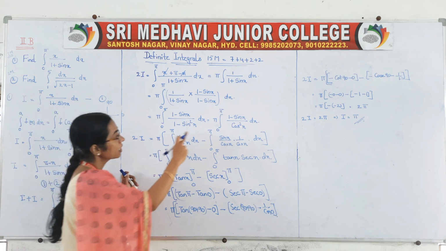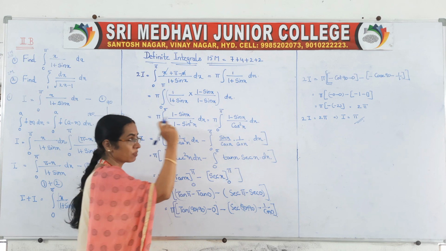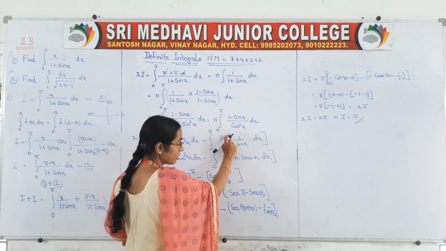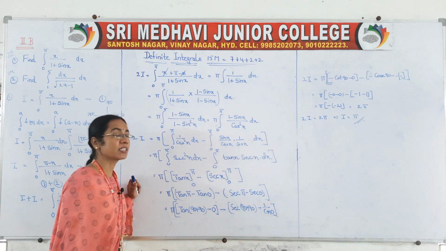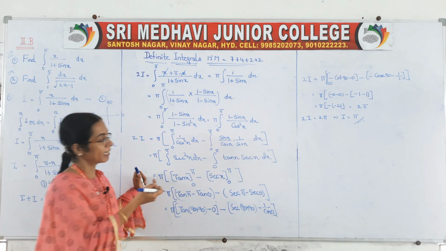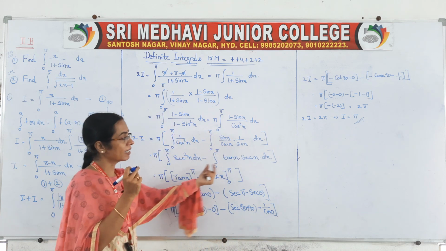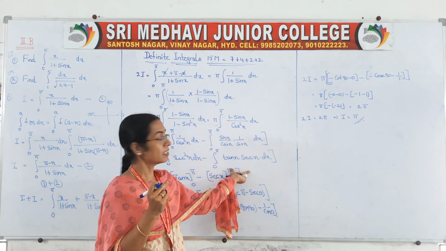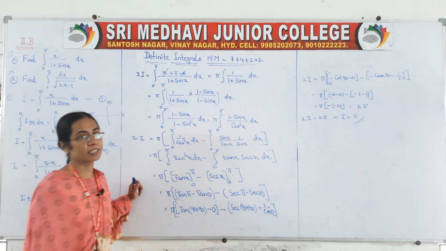Then you separate it, 1 by cos square x and sin x by cos square x. While writing sin x by cos square x, I have taken sin x by cos x into 1 by cos x, so that sin x by cos x is tan x and 1 by cos x is secant x. So it is standard form. The integral of secant x tan x is secant x and the integral of secant square x is tan x.